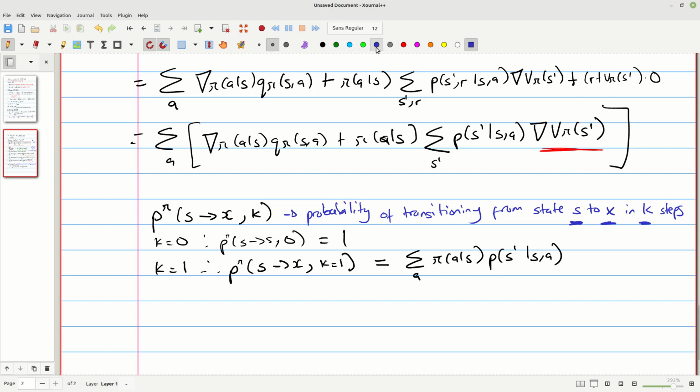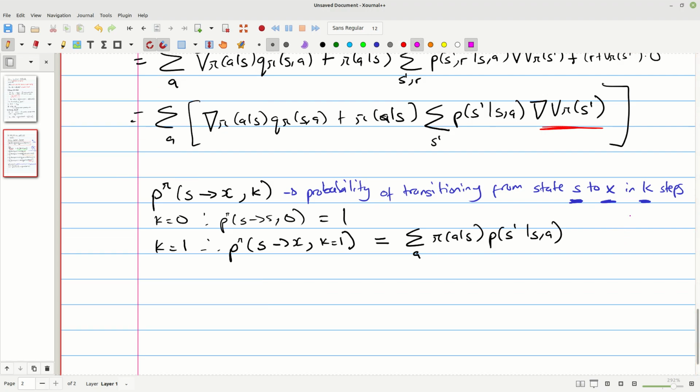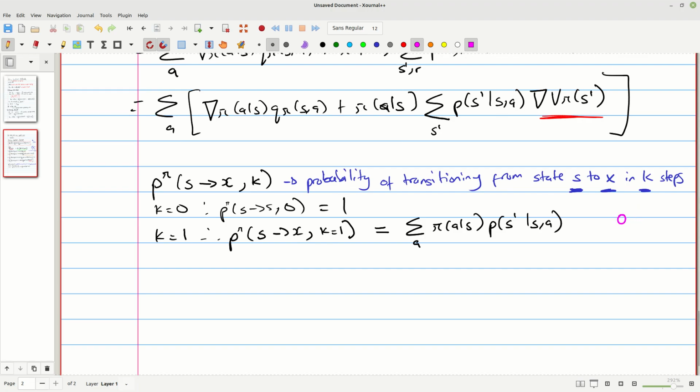Again, let's go back to that diagram of ours. I'm just going to make the same point, and you'll see that the same point is sticking everywhere. So the question is, what is the probability of transitioning from state S to state S prime here?